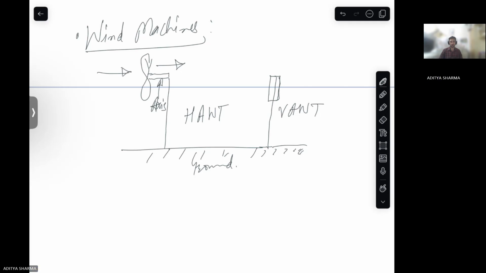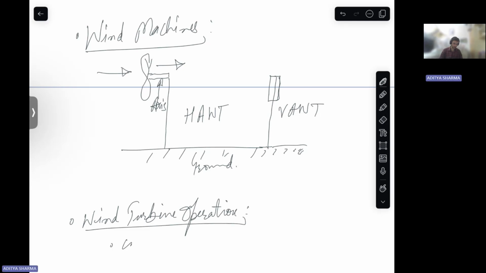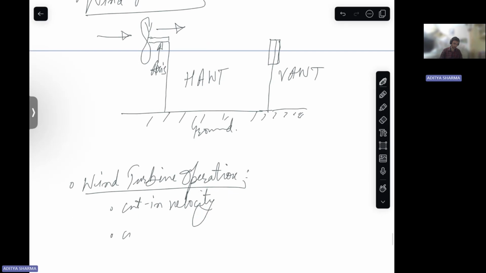Then wind turbine operation has been discussed. So this has been briefly discussed, where two terms are important. One is your cut-in velocity, second is your cut-out velocity.